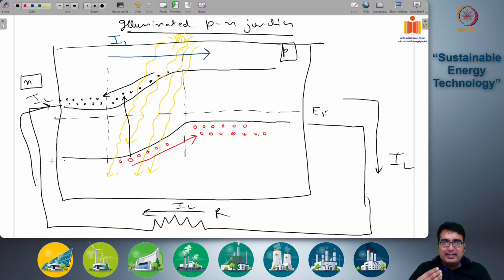This kind of neatly explains the physics, how the energy of the photon is being absorbed by the electrons in the valence band of your doped silicon semiconductor across the PN junction, creating electrons in the conduction band and holes in the valence band.